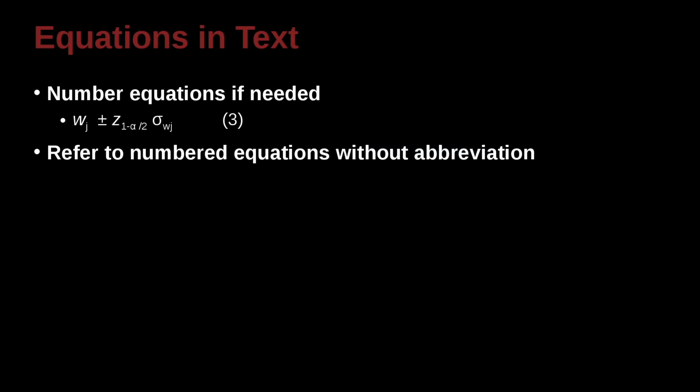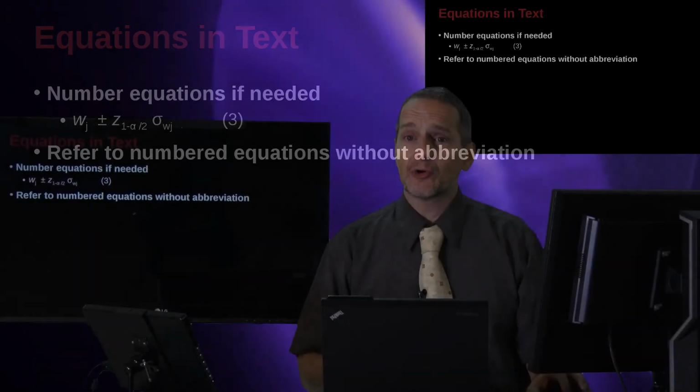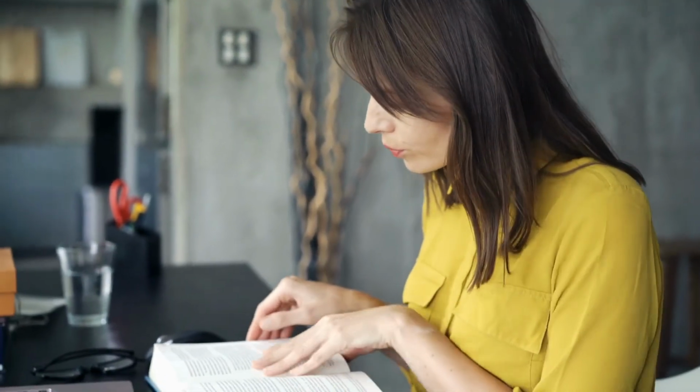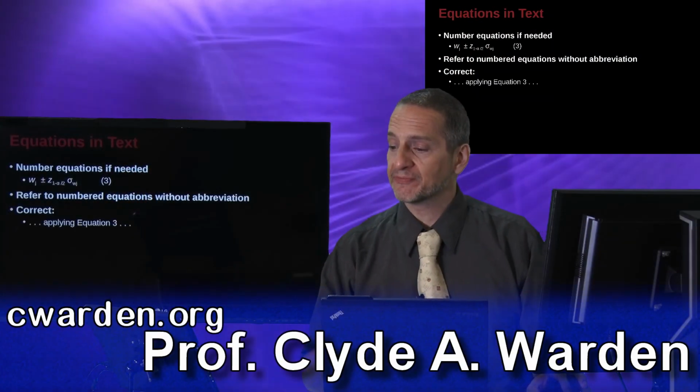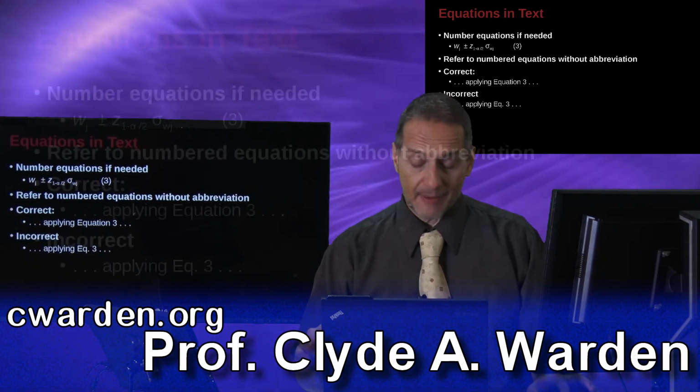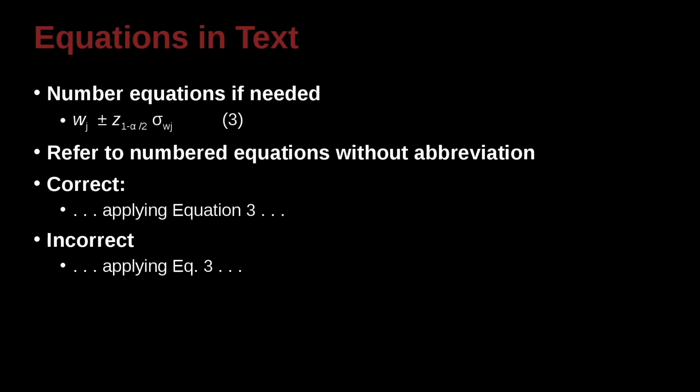Then when you're writing the body of your paper, rather than having the formula right there, you say see Formula 3, see Formula 2. So in that case, we could say, here's a good example, applying Equation 3. That means I'm going to use Equation 3, and I'm talking about Equation 3, but I don't want to write it out because it takes up too much space or it's too complicated.